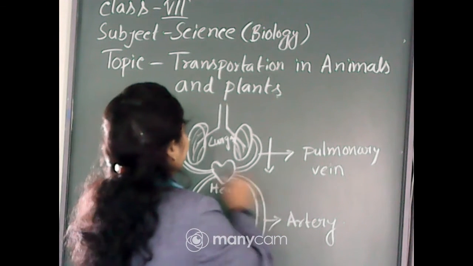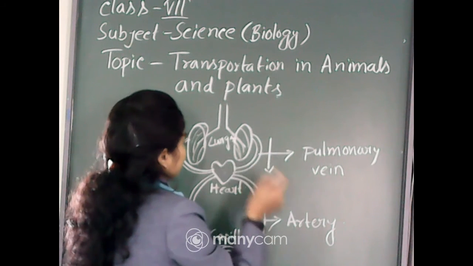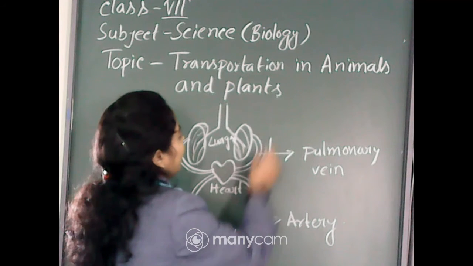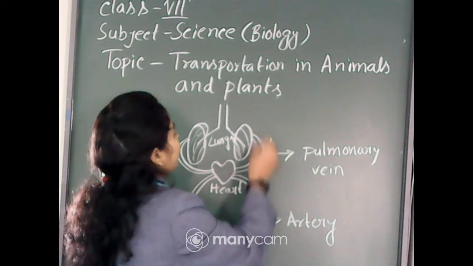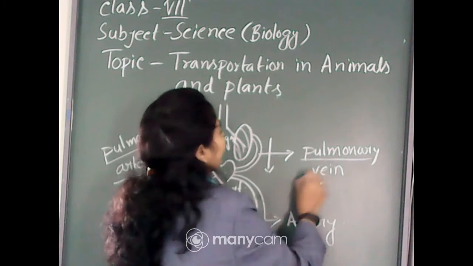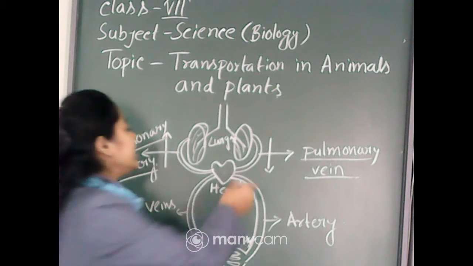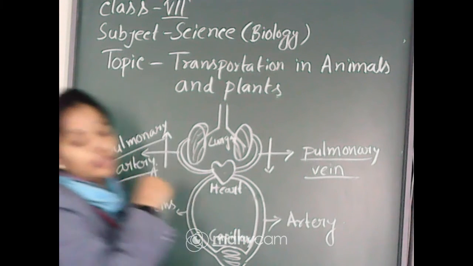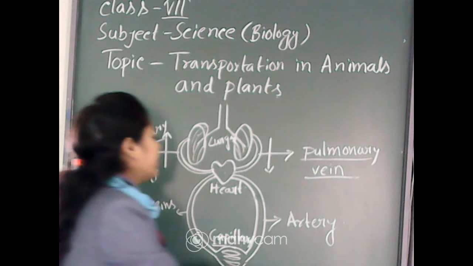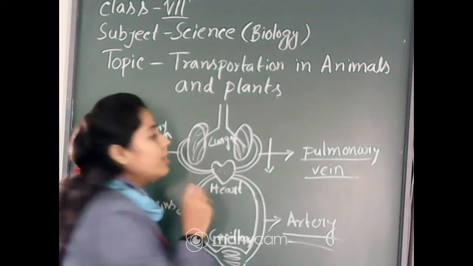Sorry, in the pulmonary vein, as you know, the oxygenated blood is coming to the heart via the pulmonary vein. Then this oxygenated blood is spread all over our body through the artery, from the heart to all body parts.